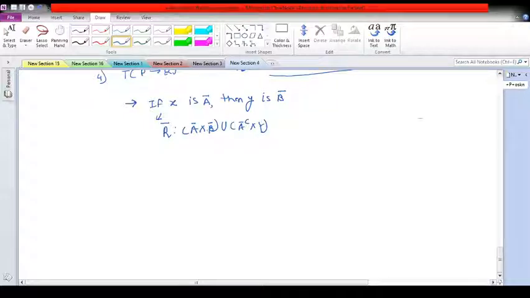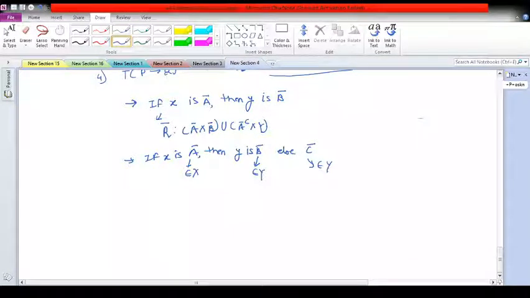Okay, so this is a bar coupled with b, and a bar union b is a entails b. That way we can define it. Okay, now let's say the next rule: if x is a bar, then y is b bar, else c bar, where a bar belongs to universal set x, b bar belongs to universal set y, and similarly c bar belongs to universal set y.